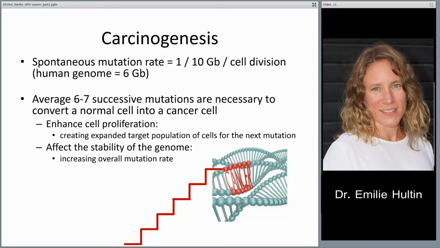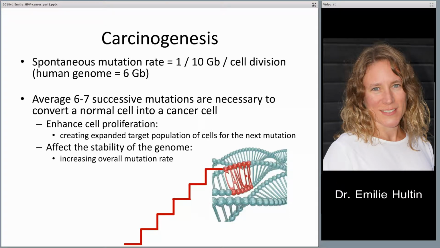If we look at the mutation rate within a normal cell, we have a spontaneous mutation rate of approximately 1 error or mutation per 10 gigabases per cell division. The human genome contains 6 gigabases, 6 billion bases of DNA. So approximately we will have 1 mutation for every second cell division.